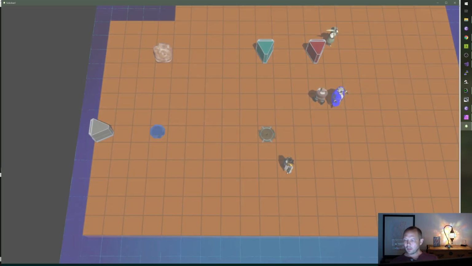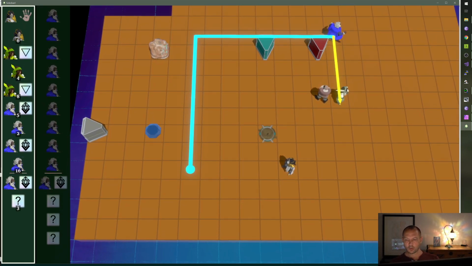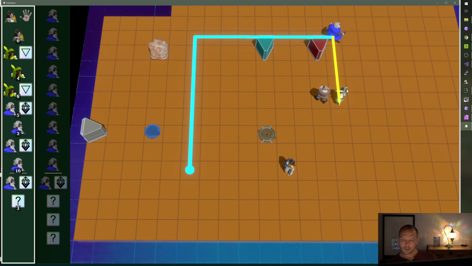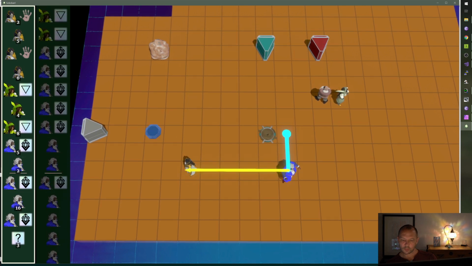Circle on wrong side again. No, that was not what we were doing. There we go. Oh, we got an arrow. I did it right the first time. However, our arrow is maybe not the right aspect ratio.